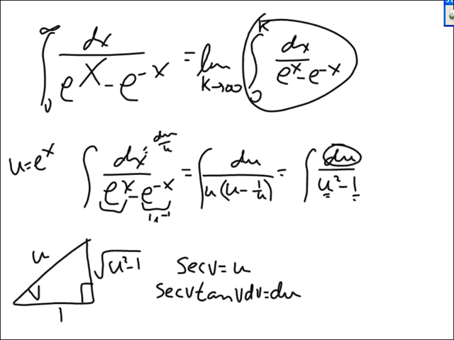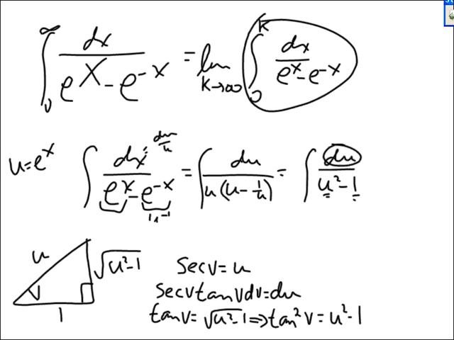So I have du. Now I need u squared minus 1. Well, the tangent of v is the square root of u squared minus 1 over 1. Now if I square both sides, tangent squared of v is u squared minus 1.